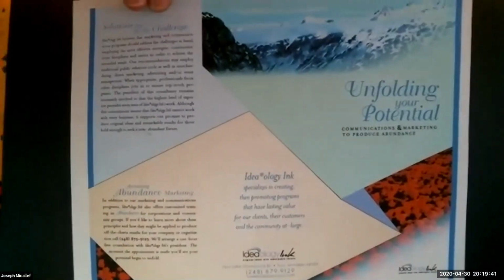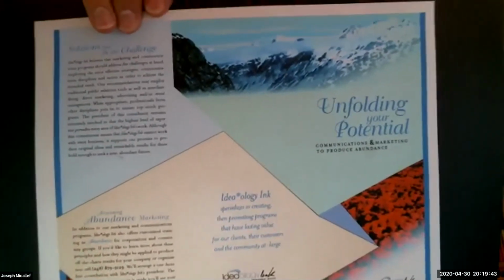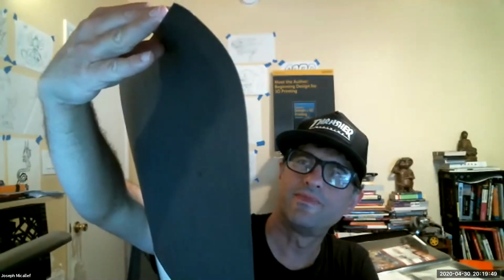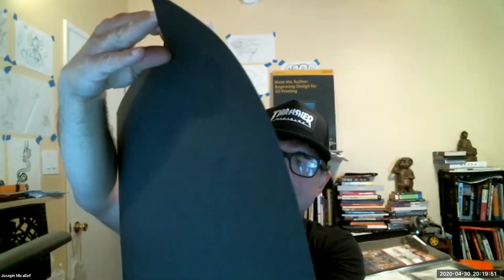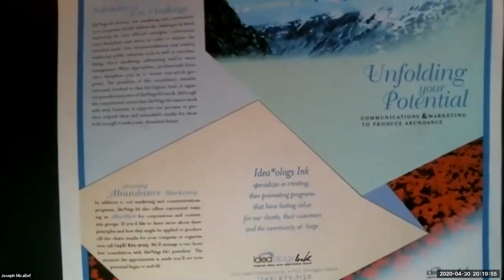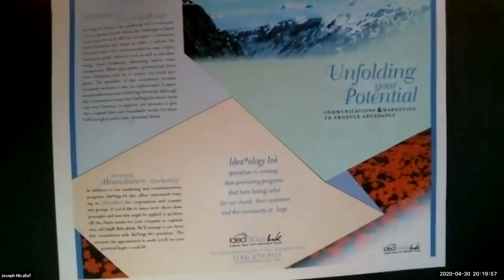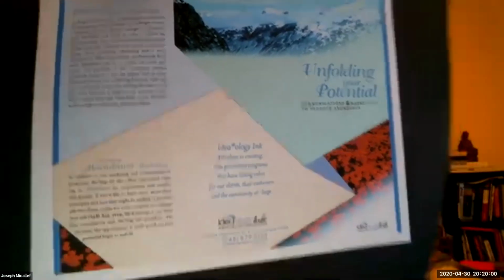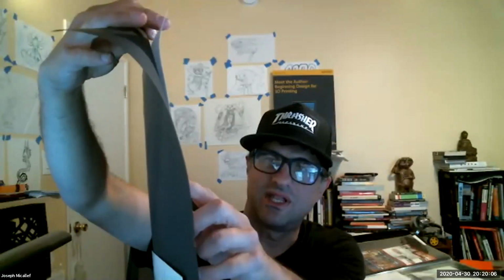for this design, I was using this italic face. And if you notice, the name ideology has an asterisk in it. So it's part of their design. But I used the character styles to make it easy for me to put an asterisk in the middle of there every time you saw that word.